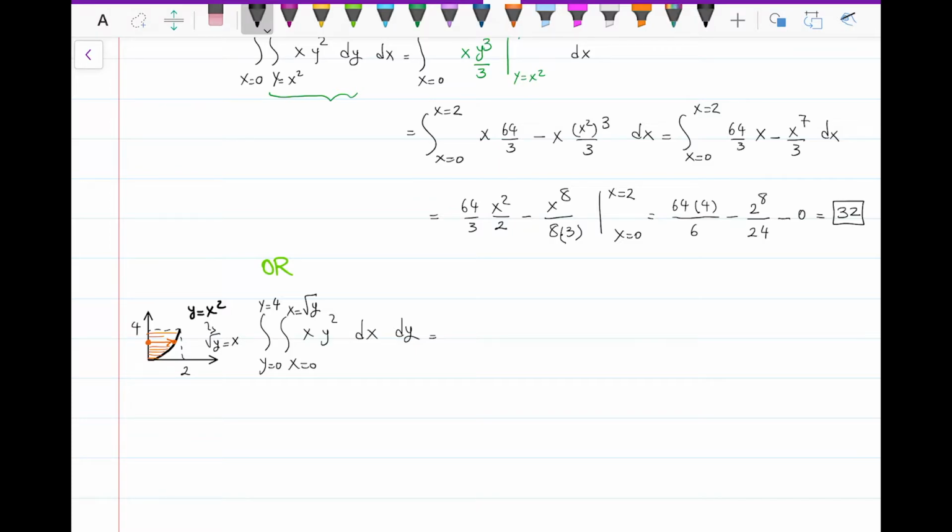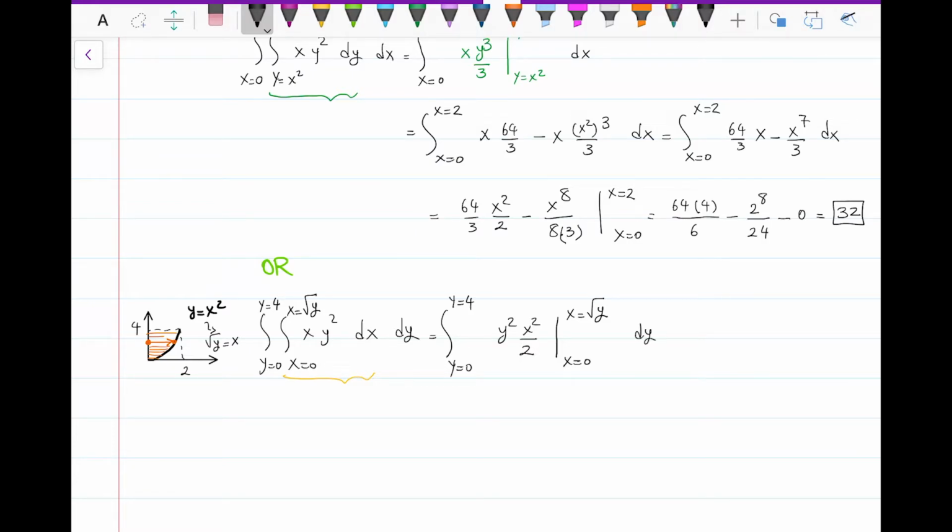Now I'm going to solve it. To solve that, I'm going to start with the inner integral. So I will rewrite the outer integral. Okay. For the inner one, what I have is dx. So x is changing, y is fixed, y is a constant. So I have x times a constant. It would be the constant times x squared over 2. The bounds are x from 0 to x equals square root of y.